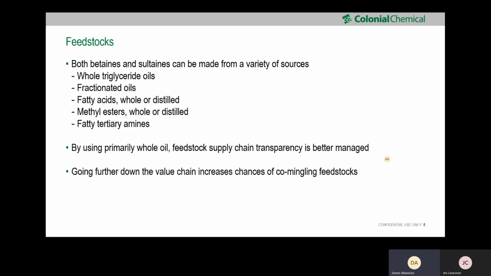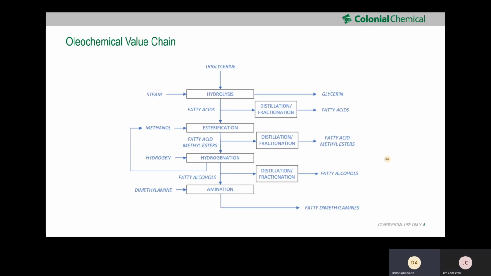So as we go further down the value chain, we start to increase chances of commingling feedstocks because there are a number of different oils that can be useful in contributing certain fractions to this value chain.